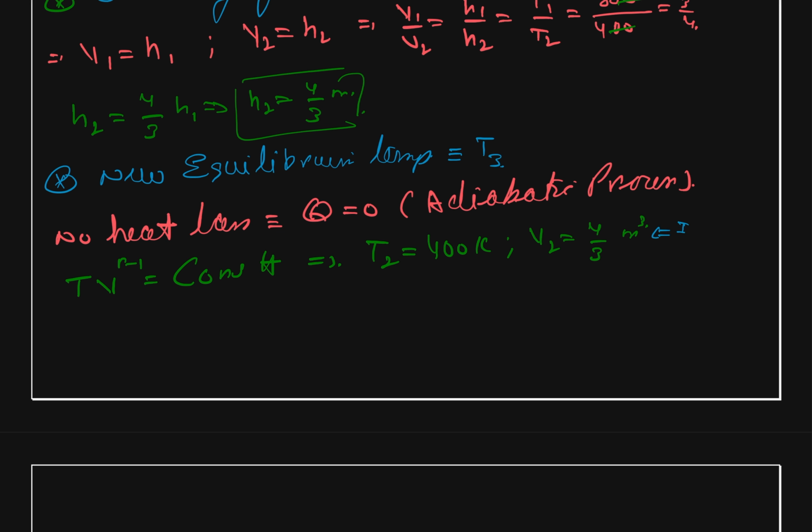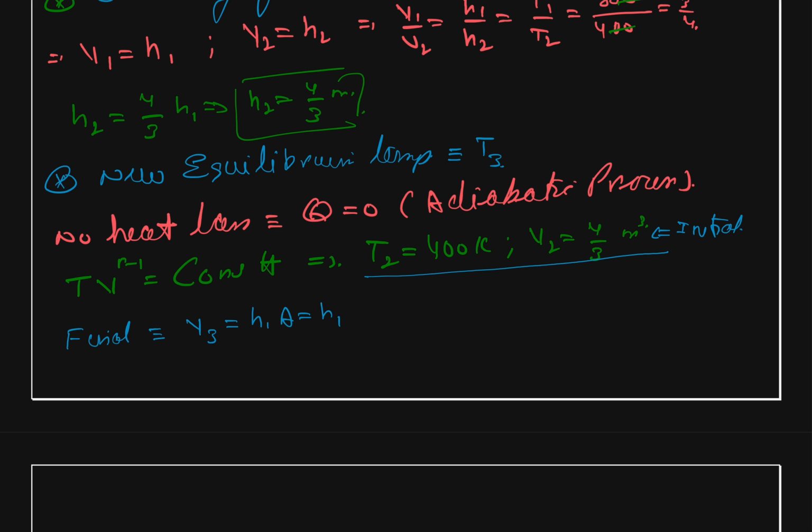And this is our initial state now. And we can find out our final. Suppose final volume is V3. So V3 will be equal to, because it says that it has to come to the same height, that will be H1 multiplied by A, giving us H1.